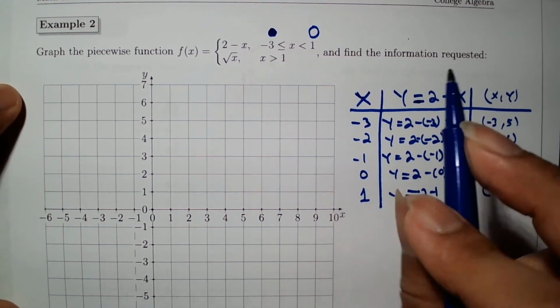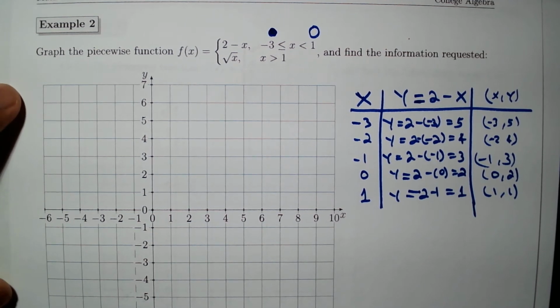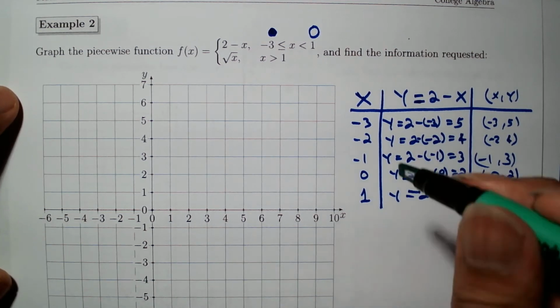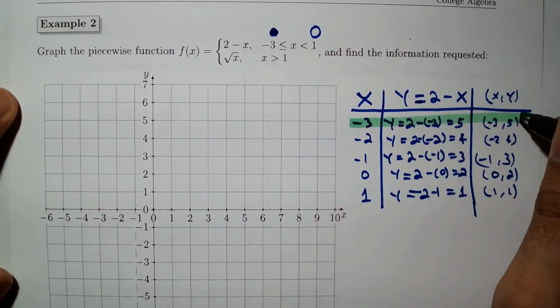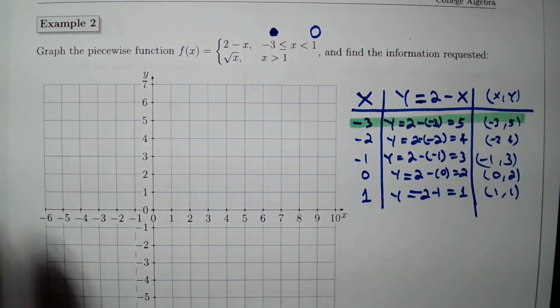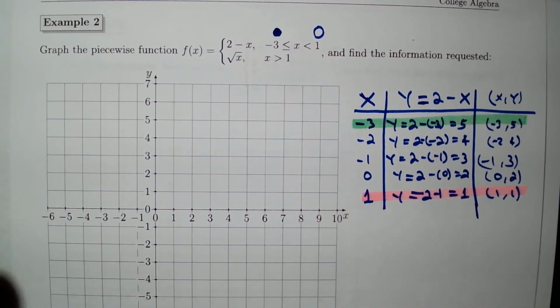So in this case, let's see, where's my green marker? Oh, it's right here. It is okay to draw a solid bubble here, but it's not going to be okay for this value at 1.